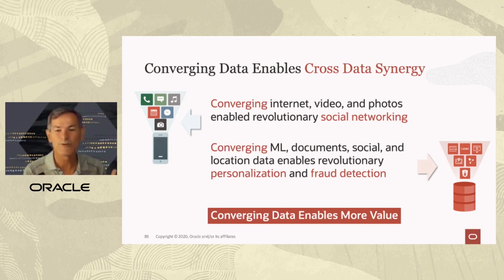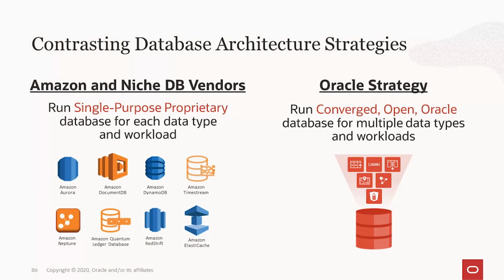Similarly, when you converge data, it enables new capabilities. So converging machine learning, documents, social, and location data can enable revolutionary new breakthroughs like in personalization or fraud detection. So converging data enables you to generate more value, and it's dramatically simpler. There's an ongoing debate about this converged versus fragmented architecture.